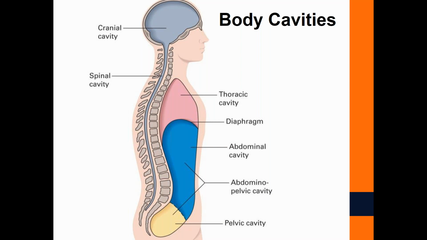In our female patients, this is where their organs of reproduction live. So things like the fallopian tubes and the ovaries and the uterus and all that lives in the pelvic cavity. There's no real divider between the abdomen and the pelvic cavity, so that's why they kind of list them together.